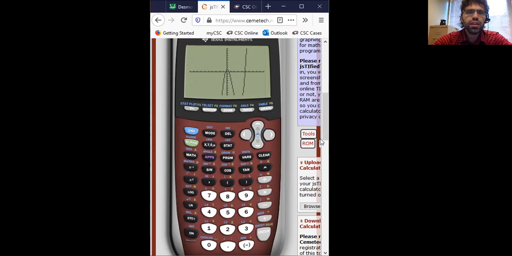We don't see a local minimum, but one must exist if we're decreasing here and increasing here. At some point, we must have stopped decreasing and started increasing. It's happening somewhere down here, below our current viewing window.